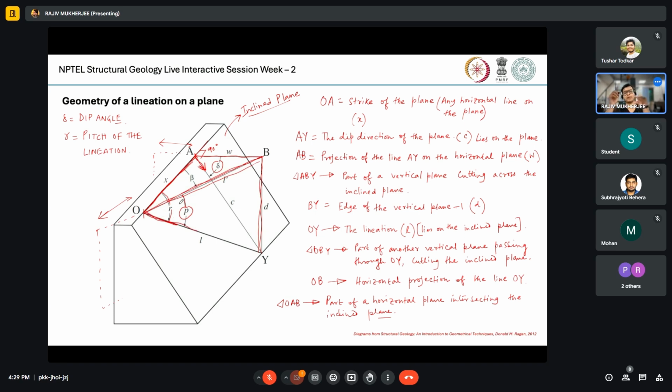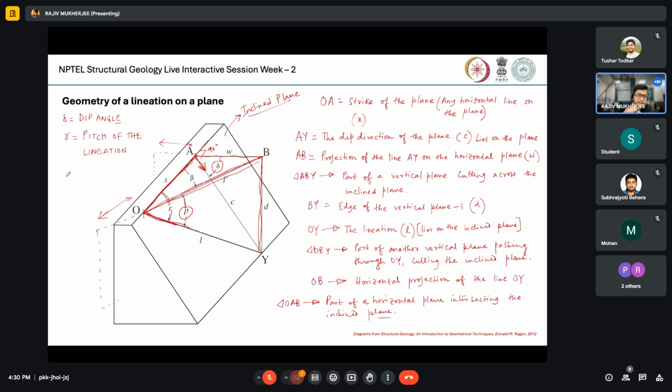That means with respect to a horizontal line, we are measuring how much the original line is inclined, right? So if this is our original line and we have a horizontal line like this, we are measuring how much inclined this actual line is with respect to the horizontal line. That angle is the plunge amount of the lineation.